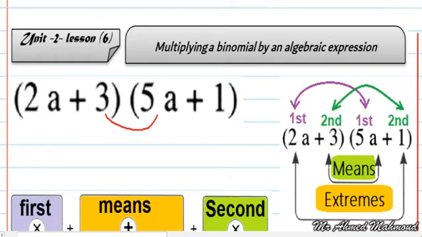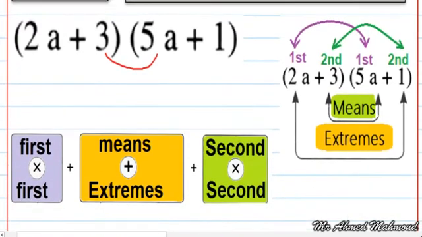Okay, to simplify the product of the two binomials, we are going to follow the next rule. This is the rule. We are going to simplify into three terms. The first term is the product of the first by the first.